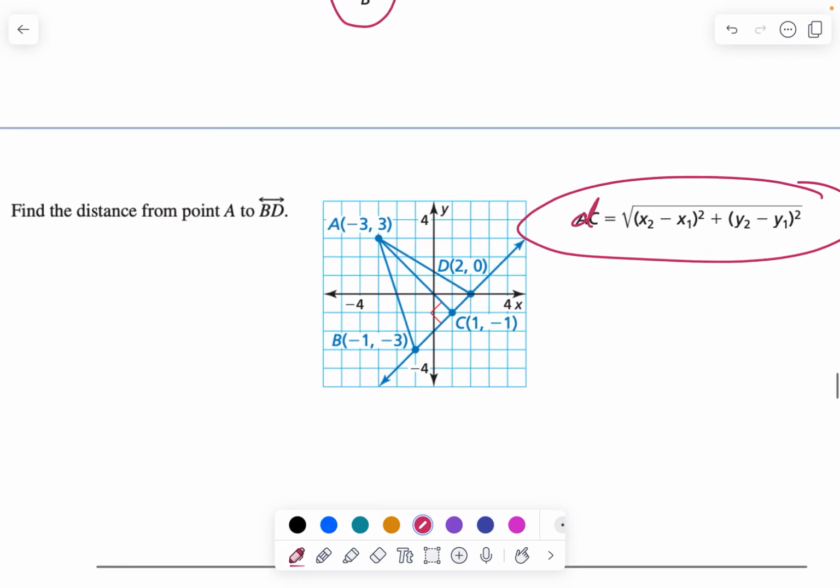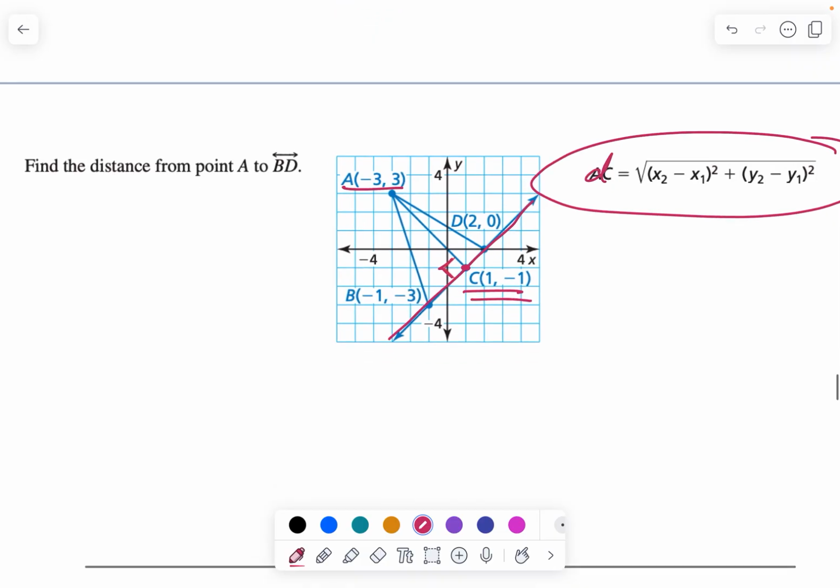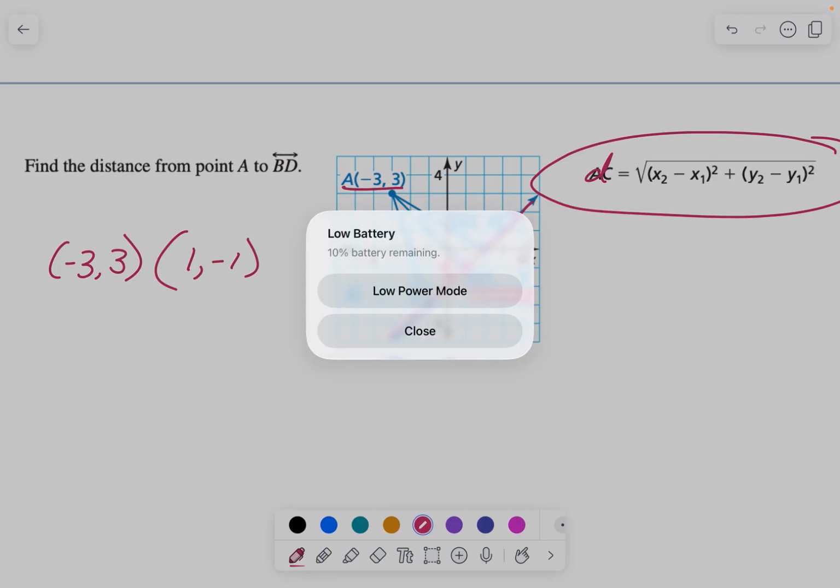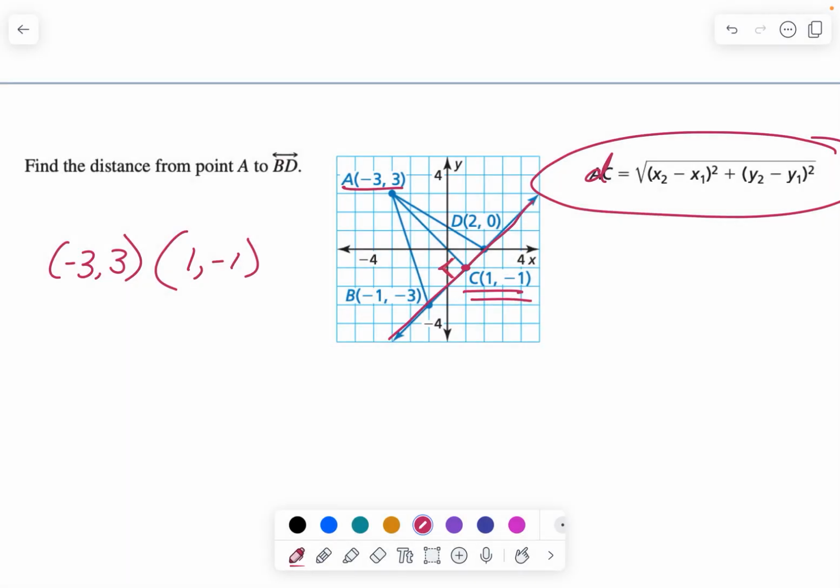So find the distance from point A to line BD. Well, it's perpendicular right here, which is at that point. So we're going to apply the distance formula from (-3, 3) to (1, -1). It's going to be -3 minus 1 squared plus 3 minus -1 squared.